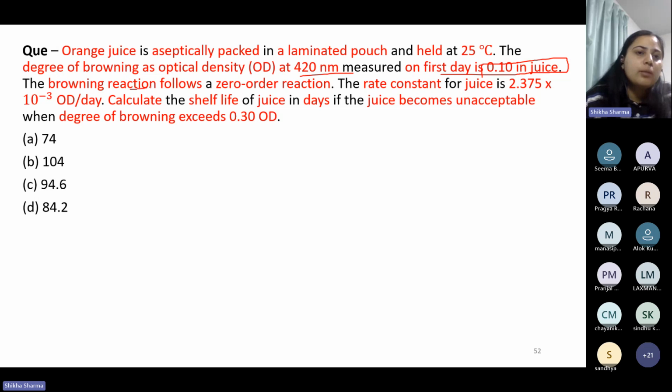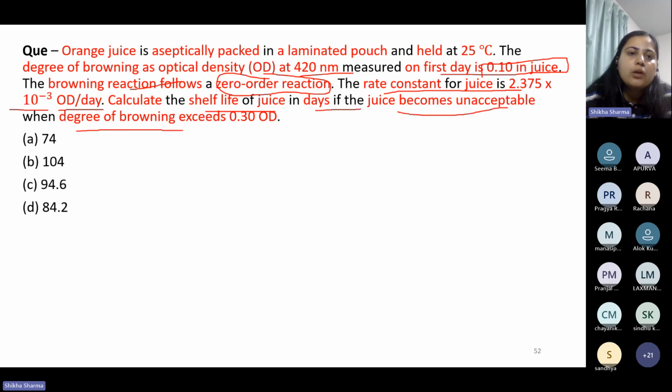The browning reaction follows zero order kinetics. The rate constant for the juice is 2.375 into 10 to the power minus 3 OD per day. Calculate the shelf life of the juice in days, if the juice becomes unacceptable when the degree of browning exceeds 0.3 OD.